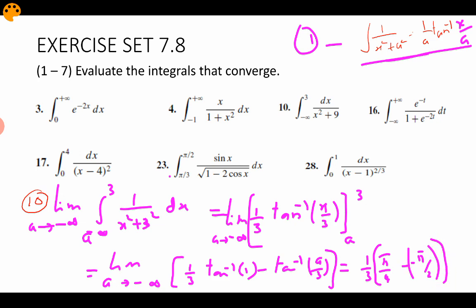So tan inverse a will be replaced by negative infinity, so tan inverse negative infinity will be negative pi by 2. This is pi by 4 plus pi by 2. You get 1 over 3 outside, inside 3 pi over 4. So the answer is pi over 4. That's the end of this problem number 10.